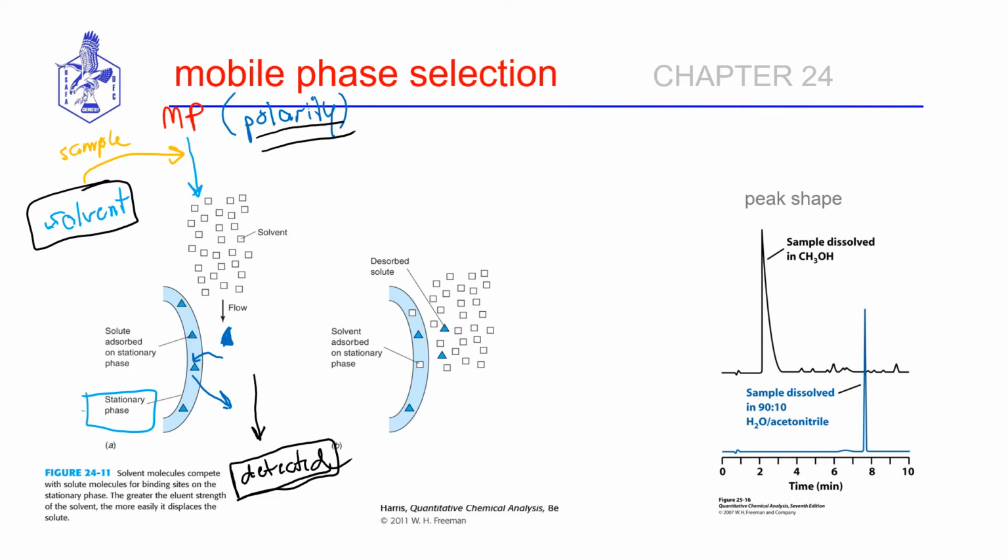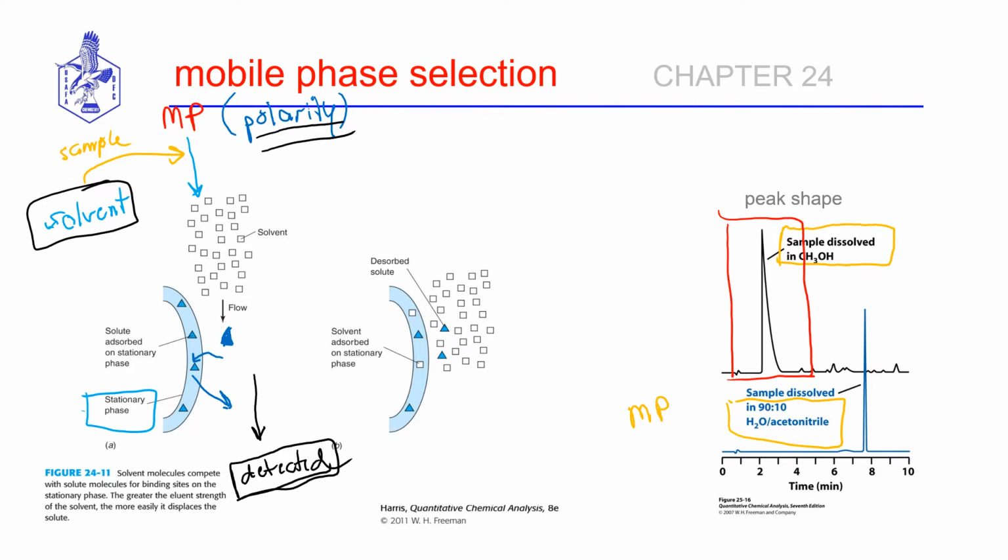If we had dissolved our sample in methanol when we were using as a mobile phase a 90-10 mixture of water and acetonitrile, notice that the peak we get off the end of the column is not ideal. It's broad and we have some tailing happening.